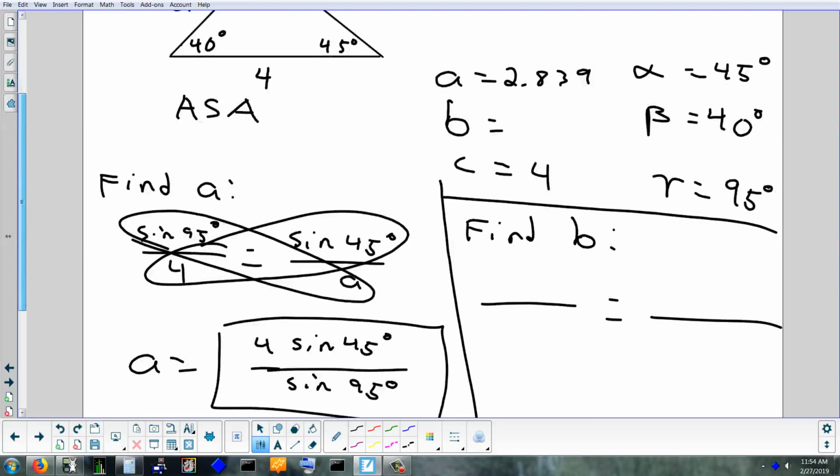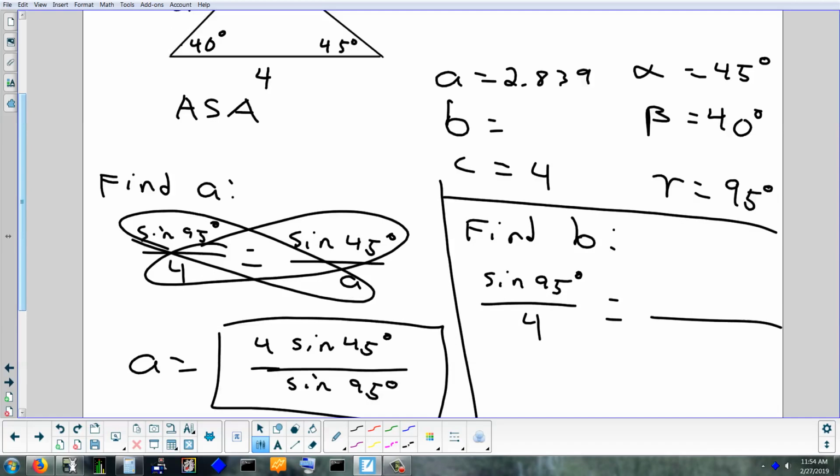Okay, so now I've got a choice. Top row or bottom row? Use the row that has everything in it. Yep, go with the bottom because that was the one that was given. Sine 95 over 4 equals, and what's going to go on the right side?